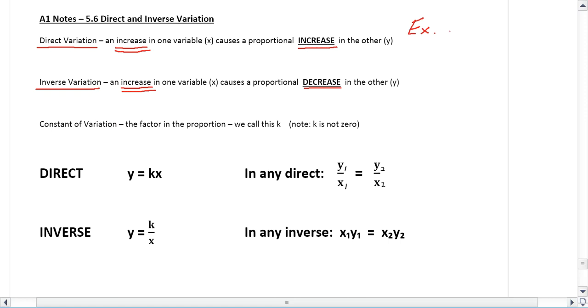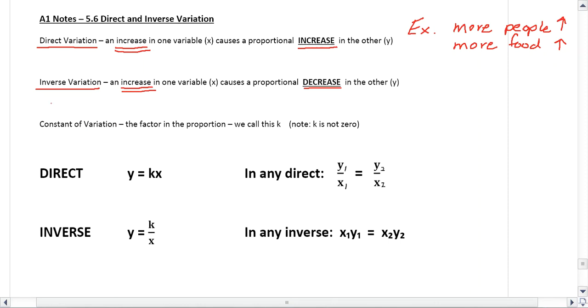For example, the more people I invite to dinner, the more food I'm going to have to prepare to feed them. As the number of people goes up, the number of place settings at the table goes up, the more food. And likewise, if one comes down, the other comes down. So direct variation is proportional.